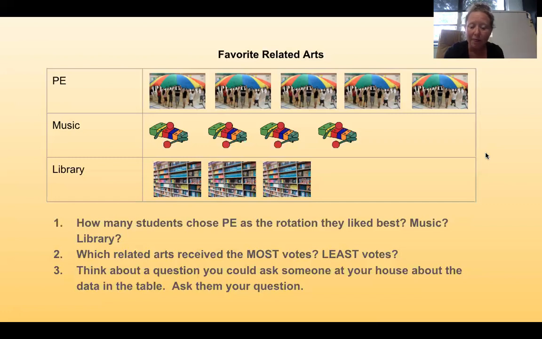Now, I want you to think about a question that you could ask someone at your house about the data in the table.